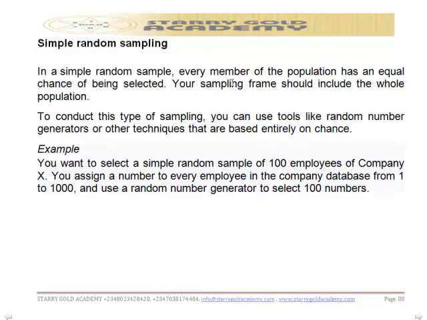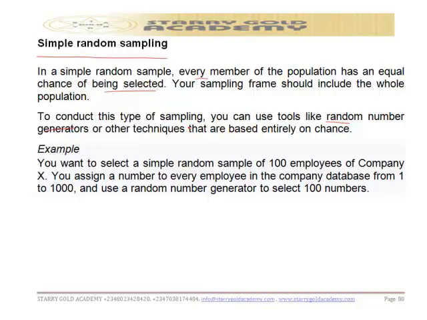What are the types? The first one is simple random sampling. In simple random sampling, every member of the population has an equal chance of being selected, so your sampling frame should include the whole population. To conduct this, you can use tools like a random number generator or other techniques based entirely on chance.